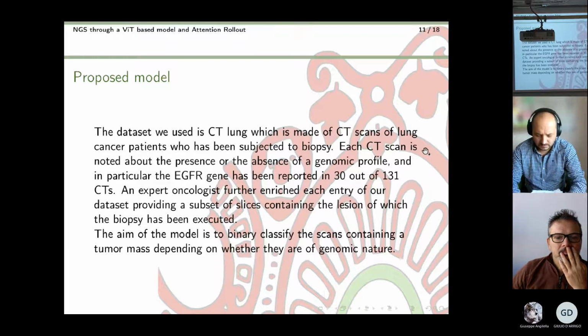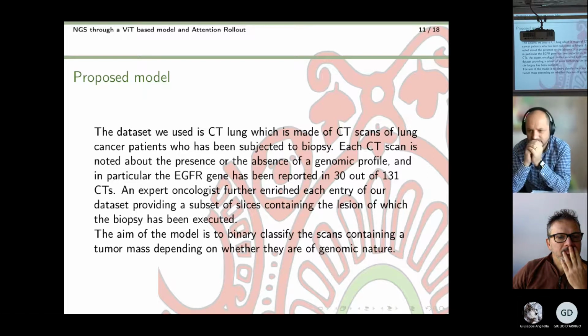To explain the model we propose, we shortly describe the dataset. The dataset we had is CT lung, which is made of CT scans of lung cancer patients who have been subjected to biopsy. Each scan is annotated with the presence or absence of a genomic profile. So basically, it states whether the EGFR gene is present or not.